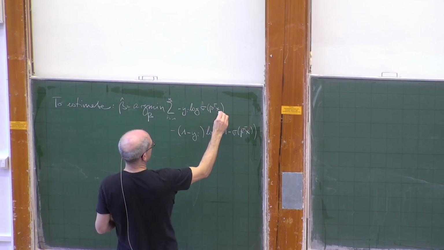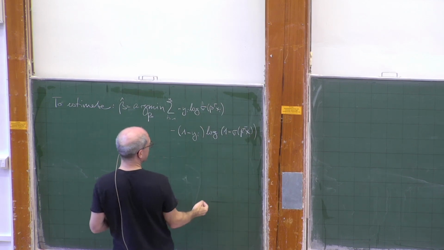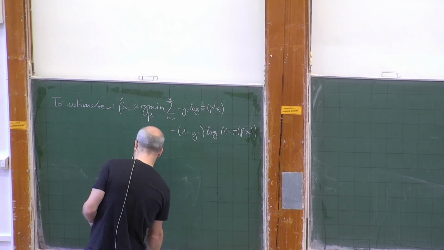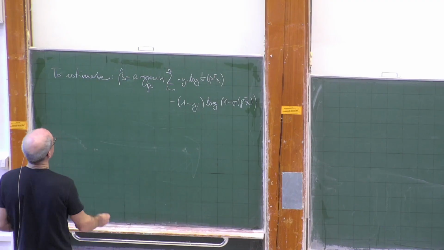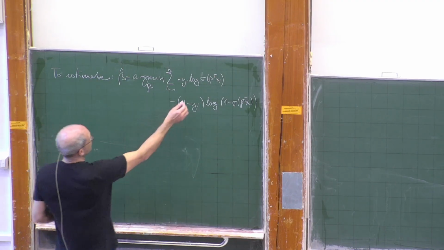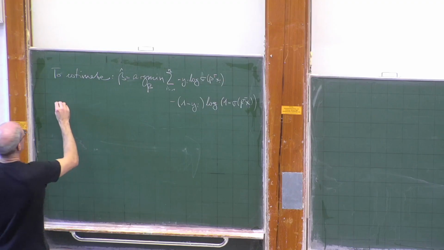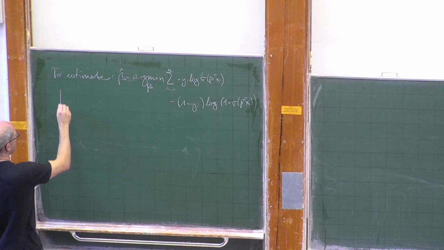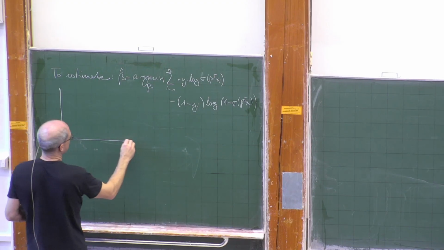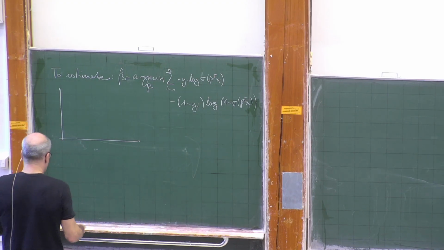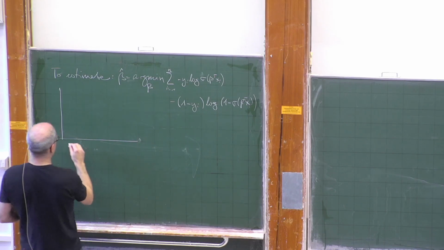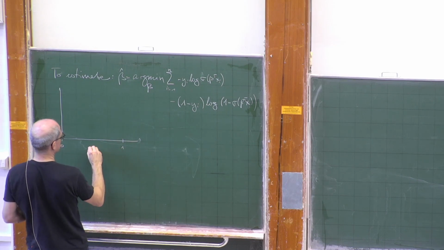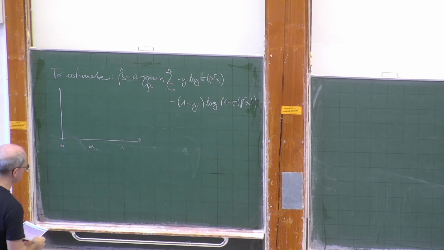And I forgot some subscripts here, x_i. Okay. And we can look at this negative log likelihood and ask, as a function of mu, what does it look like?